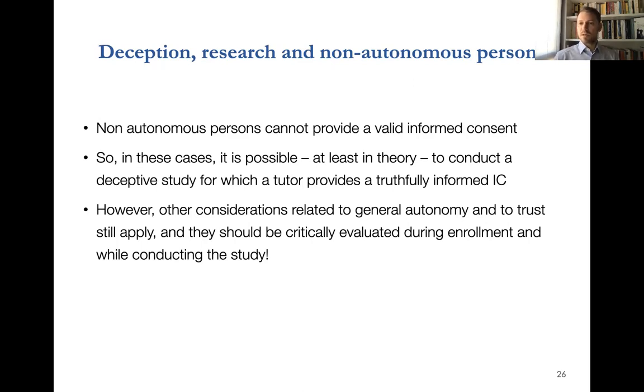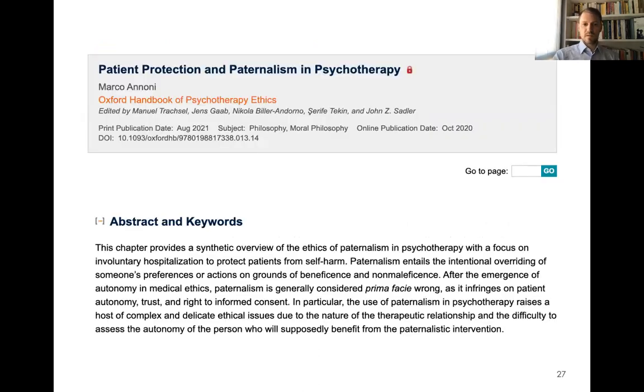So not just because a person suffers from certain conditions, we have to disrespect or to use deception as we please with them, because maybe we are impairing their trust about other important issues. And so we have to be really careful in conducting those kinds of studies as well. So deception is always ethically problematic, even with persons that are considered not fully autonomous.